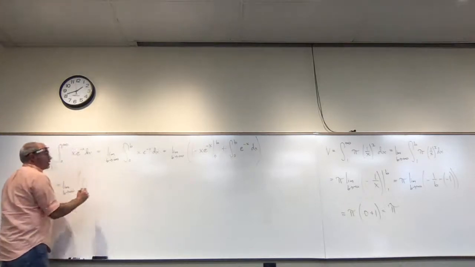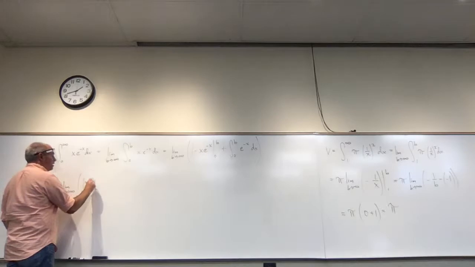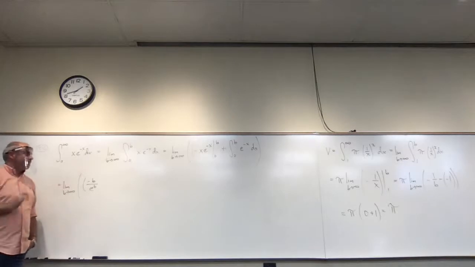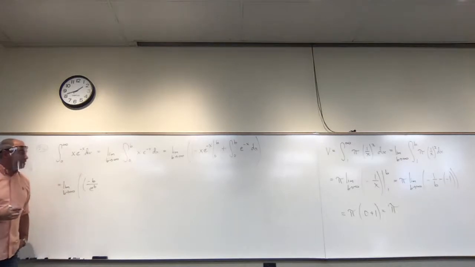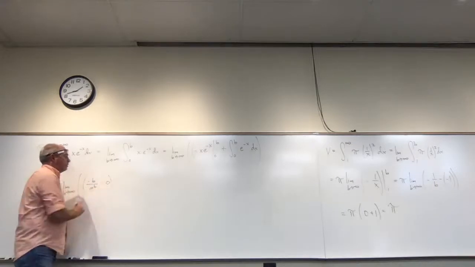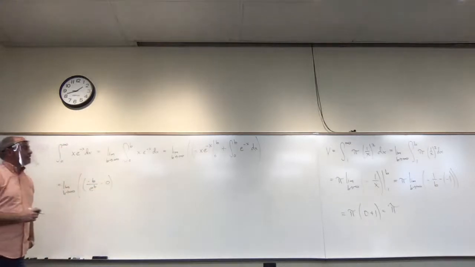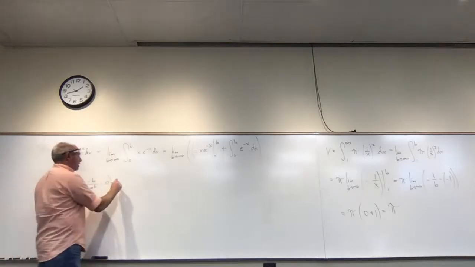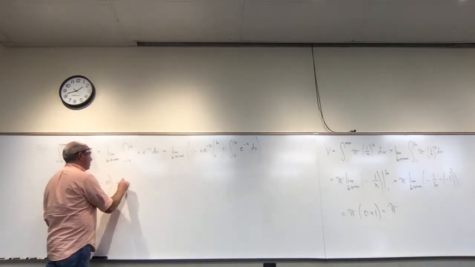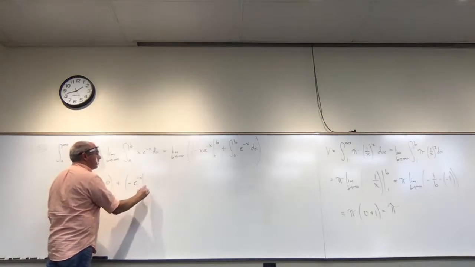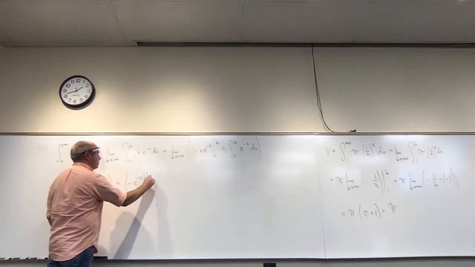So I'm going to write this as negative b over e to the b, which is the same thing. Minus, if I plug in 0, I just get 0. Then I take the antiderivative of e to the negative x, and I get plus negative e to the negative x, evaluated from 0 to b.